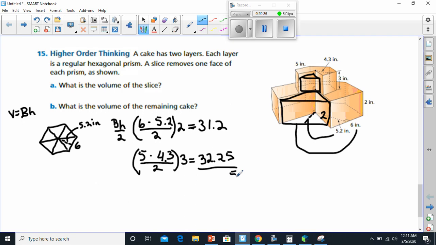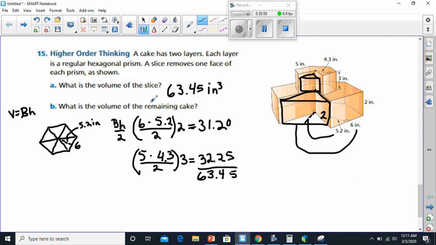Well, 5 has nothing to add to. 2 and 2 are 4. 1 and 2 are 3. And 3 and 3 are 6. That means the volume of one slice is 63.45. It's in inches, so it's inches cubed.